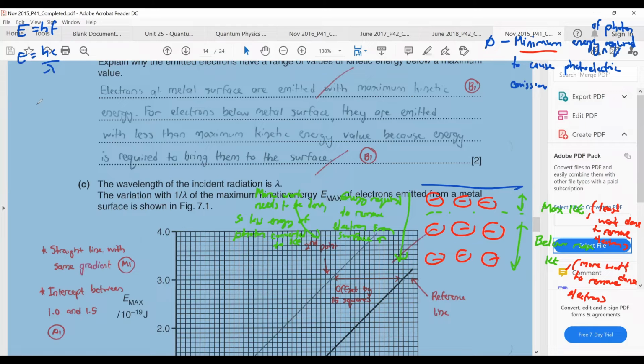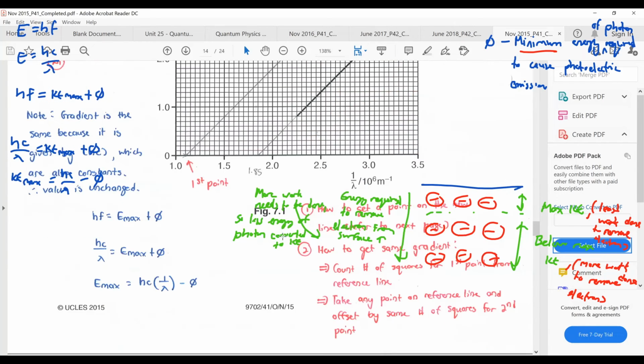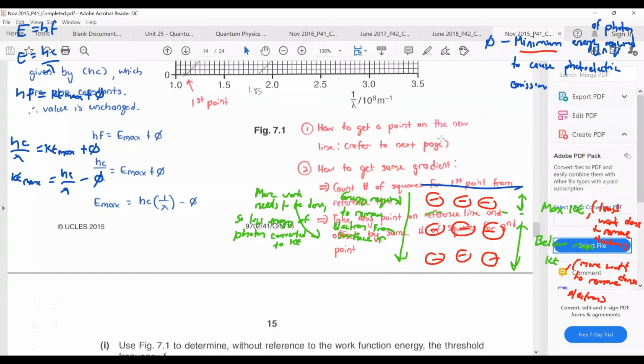So you refer back to Einstein's photoelectric equation: hf equals KE max plus phi, or hc over lambda equals KE max plus phi, such that KE max is actually hc over lambda minus phi. Okay. So now they're asking you, use your figure to determine, without reference to the work function energy, the threshold frequency.